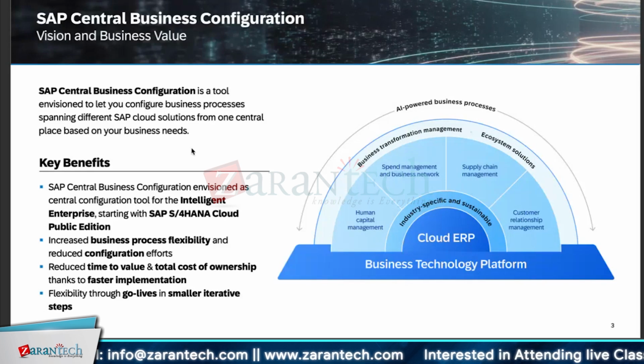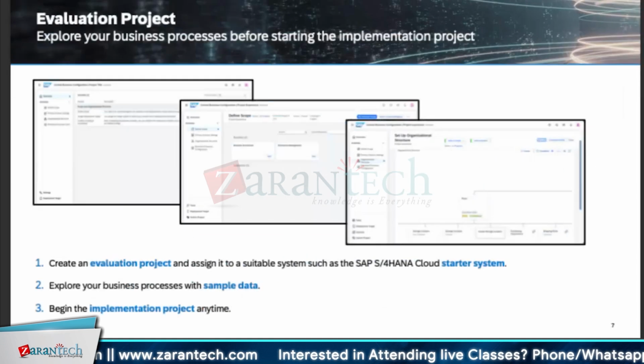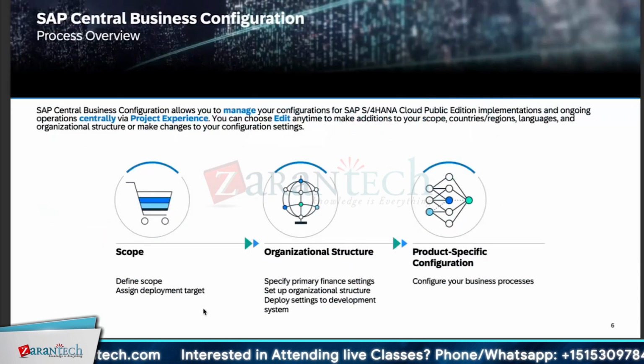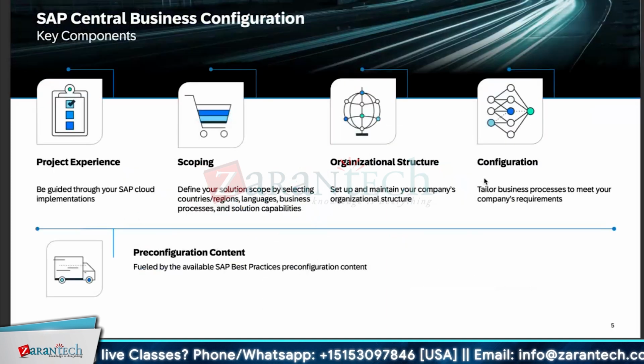So what you can get from the CBC is you can actually leverage it. Let me show you this. As I said, these are your major things: the scope, the organization structure, the product specific configuration. These are the things that can be utilized here.